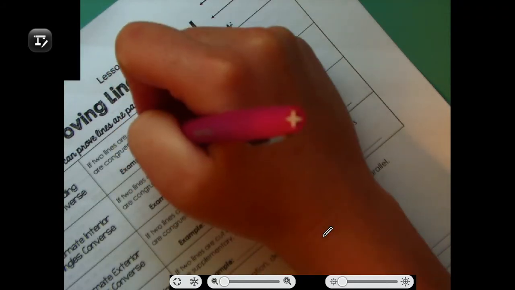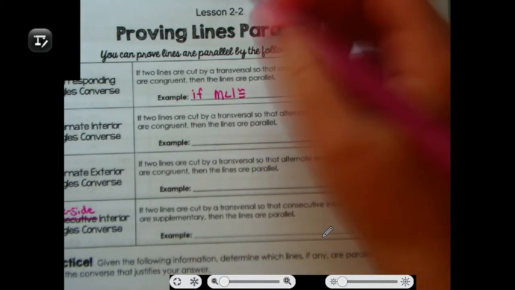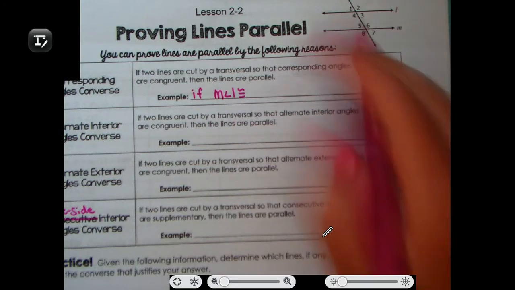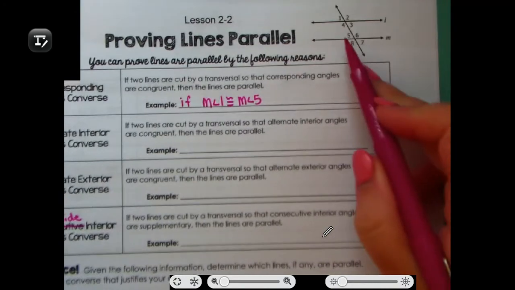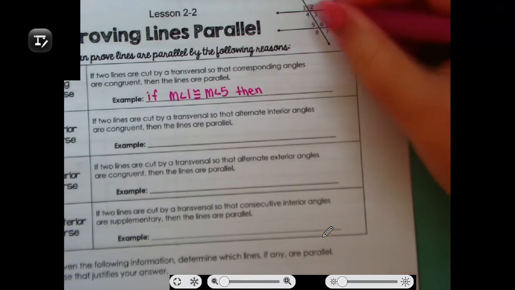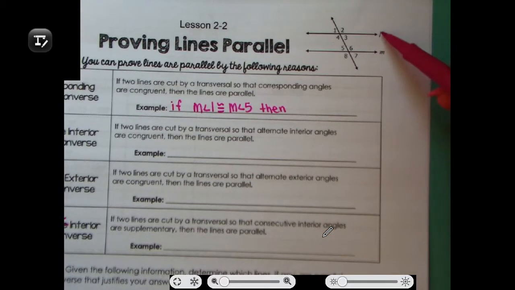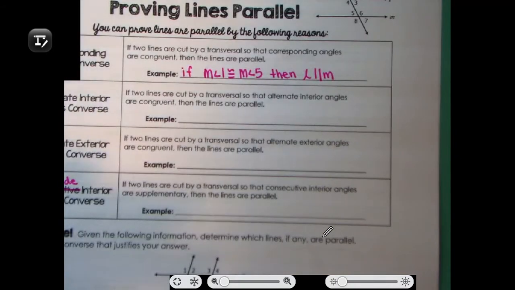So we could say, if the measure of angle 1, and of course I don't have to write all that out, I'm using my symbol, is congruent to the measure of angle 5, so again I picked two corresponding angles where they're both in the same position, then if these two are equal, that must mean that L is parallel to M. And here's how I write that: L parallel to M. A lot of symbols, but it helps us so we don't have to write so much. In geometry, we're just using symbols to say all of this.